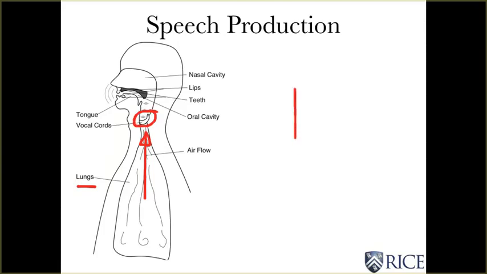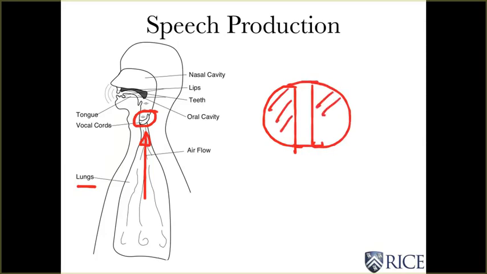Now, seen from the top, the structure looks something like this, where these are tendon-like things, and in between there's a slit that's open. When you breathe, the vocal cords are not under any tension. They're loose. The slit opens up and you breathe normally.